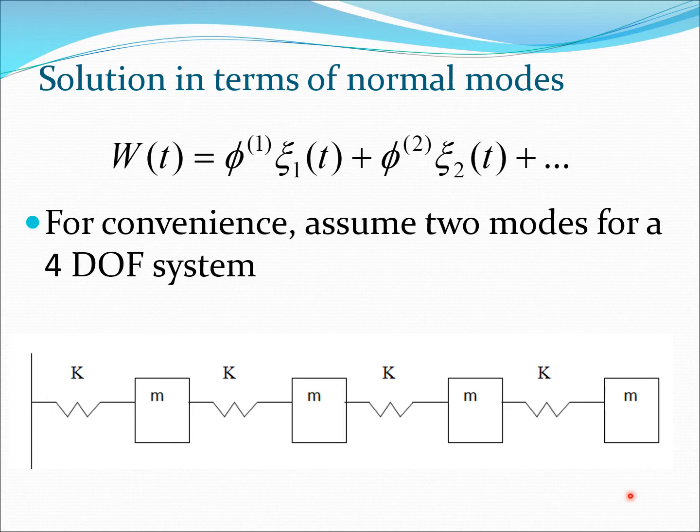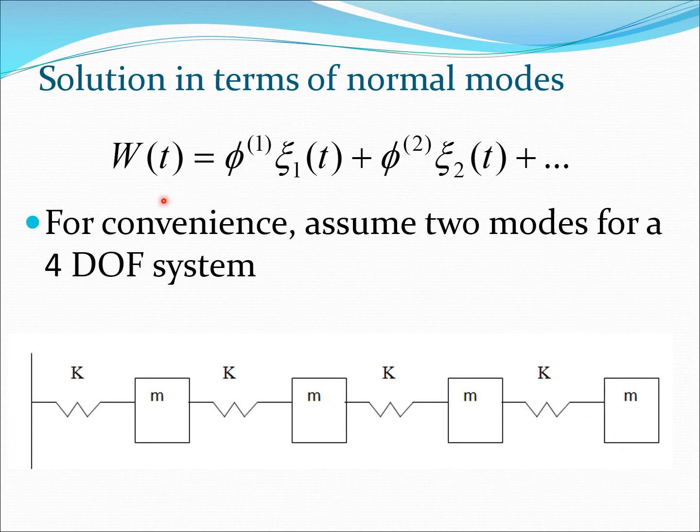Now what we are going to do is we are going to presume that you have found the stiffness and mass matrix corresponding to this system, and then you have calculated the natural frequencies and the mode shapes using the method described before in a previous lecture, and therefore you know phi1, phi2, phi3 and phi4. There will be 4 modes here corresponding to 4 natural frequencies corresponding to 4 degree of freedom.